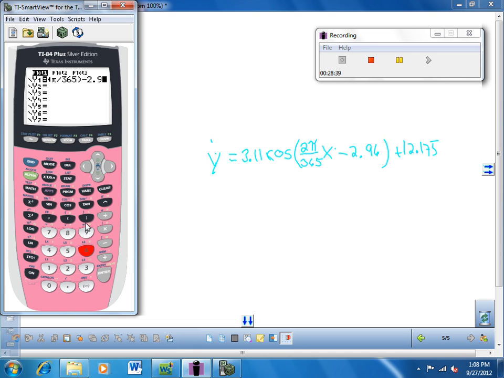Close that parentheses, plus 12.175. Sorry, 12.175. Okay? Before I graph this, I want to set up a window that makes sense.